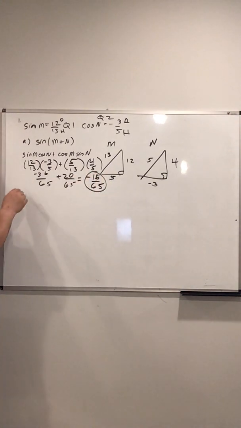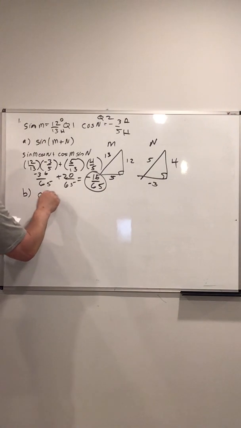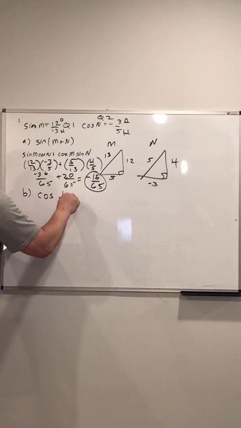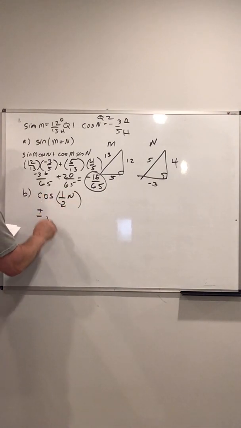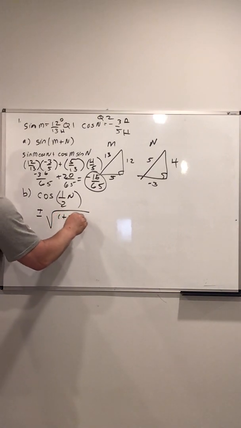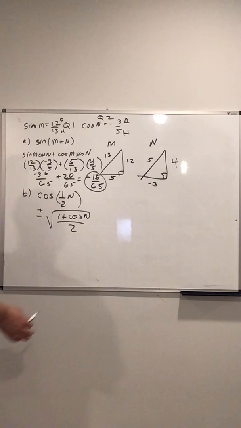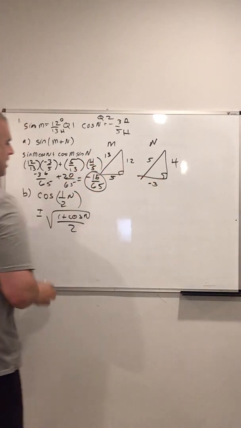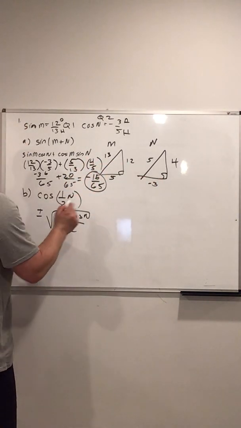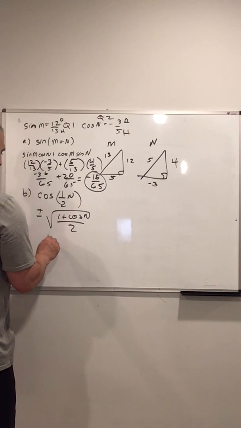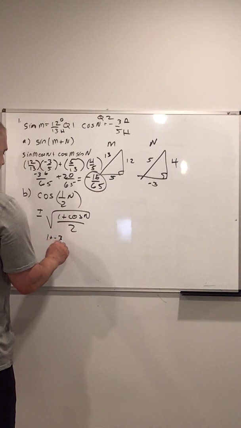For part b, we're doing the cosine formula of 1/2 n. That formula is plus or minus the square root of (1 plus the cosine of n) all over 2. The cosine here is negative 3 over 5, so 1 plus negative 3 over 5.